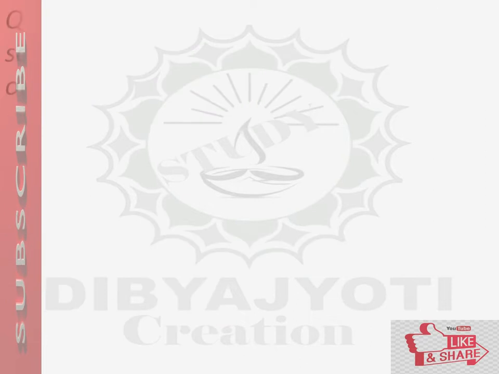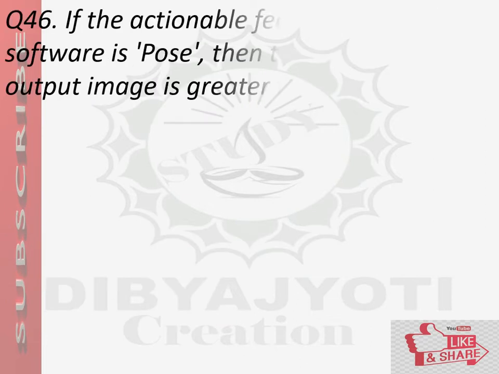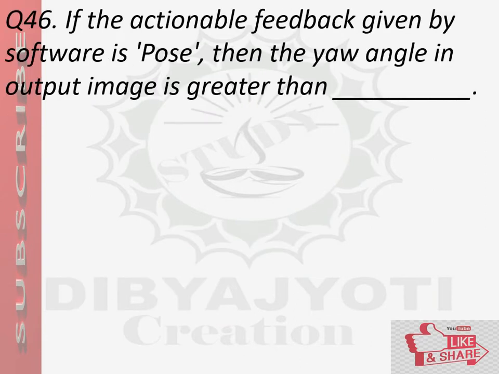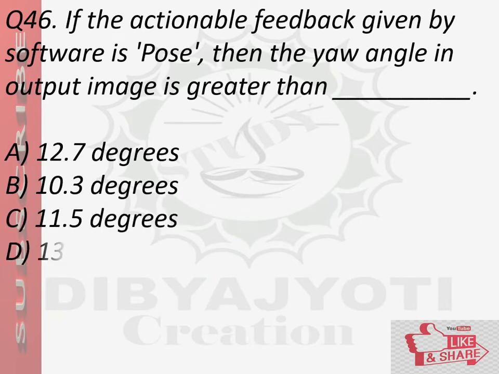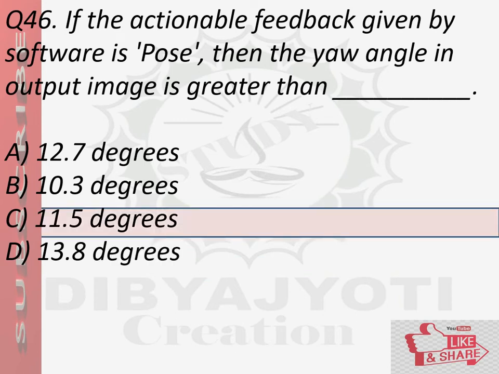Then next, question number 46. If the actionable feedback given by software is pause, then the angle in output image is greater than dash. Options are 12.7 degree, 10.3 degree, 11.5 degrees, 13.8 degrees, and answer is 11.5 degrees.